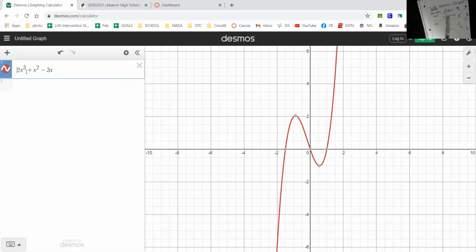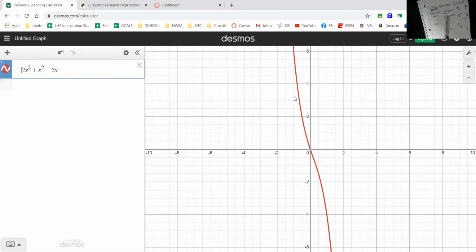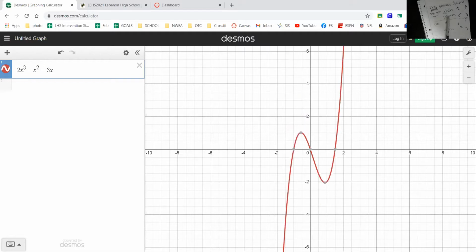And again, if we make that negative, it flips the whole thing over and we go up to the left and then down to the right. So again, a positive odd polynomial goes down to the left, up to the right. Just knowing that end behavior is going to allow you to match up a bunch of the graphs.